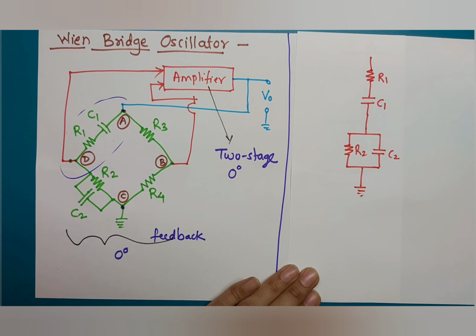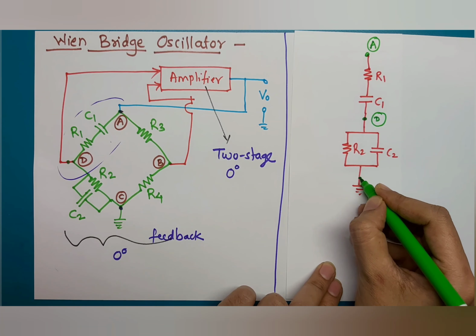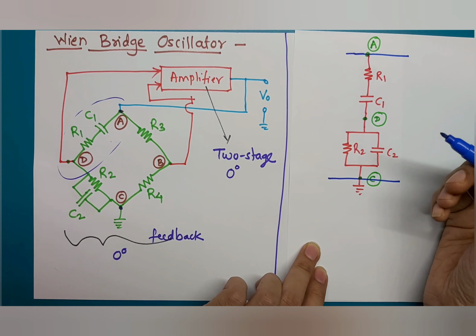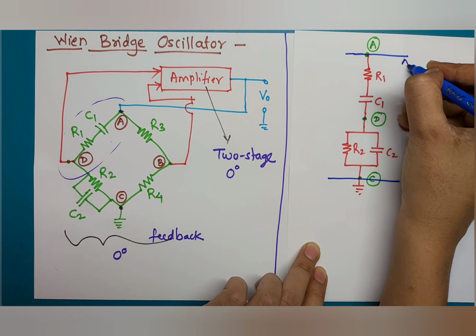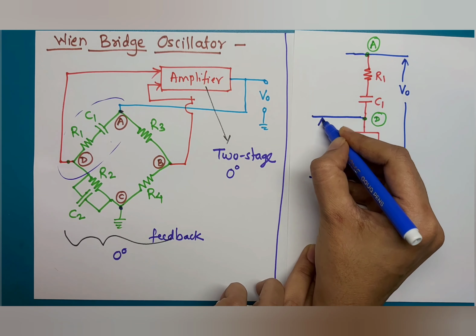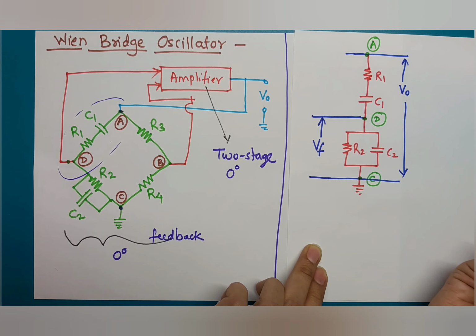This terminal is A, this terminal is D, and this terminal is C. Input voltage to this Wein bridge is V0, which is applied between A and C, whereas the output voltage is between D and C, that we will denote by Vf.